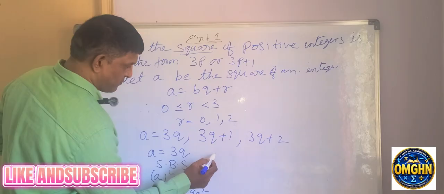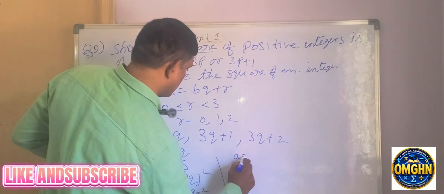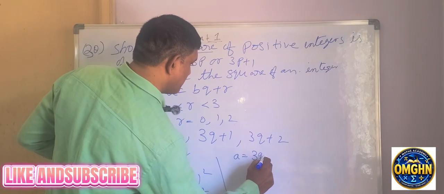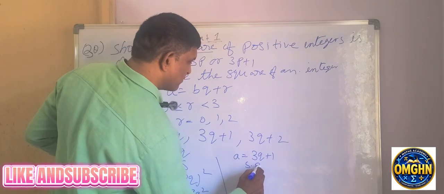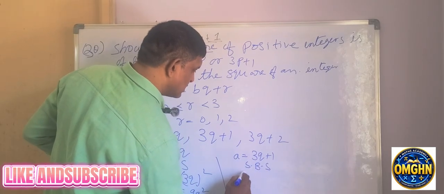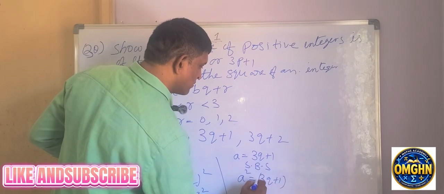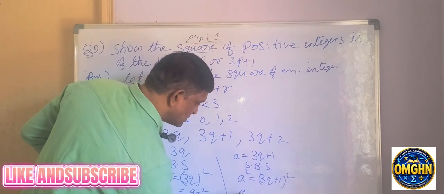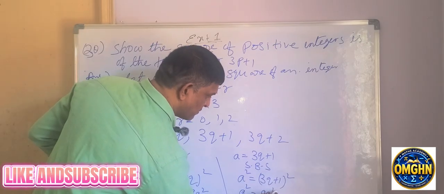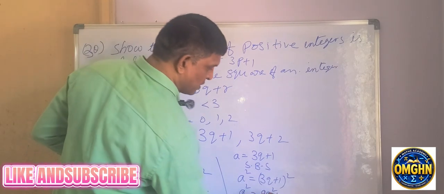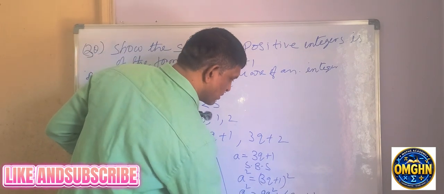Okay. Now next, this one, a is equal to 3q plus 1. Again squaring both sides we have to do. That is a square equal to 3q plus 1 whole square. Now this one is a square equal to, we have to expand it, 9q square plus b square is 1, plus 6q.